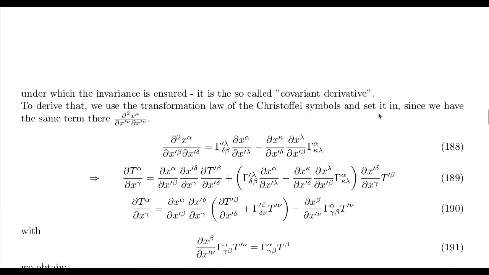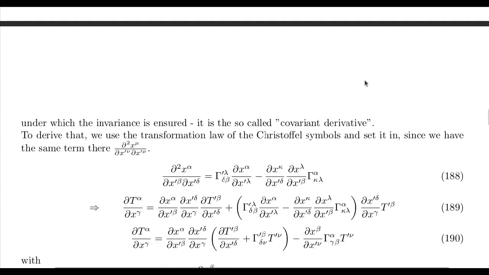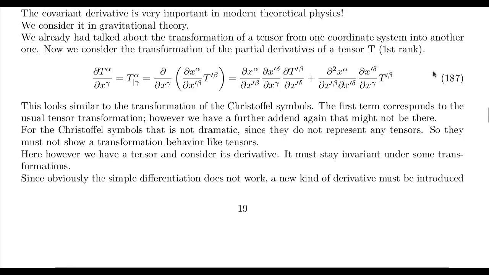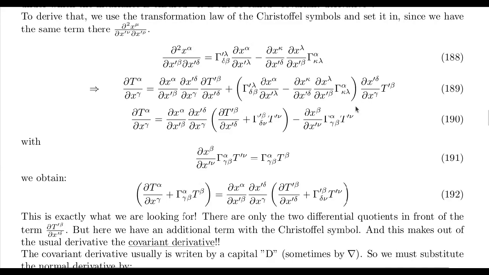We first substitute the Christoffel symbols. We use the transformation law for the Christoffel symbols and substitute that in equation 187 here. And so we get now 189. First we have resolved the expression for the Christoffel symbols for this differential quotient here. Okay.